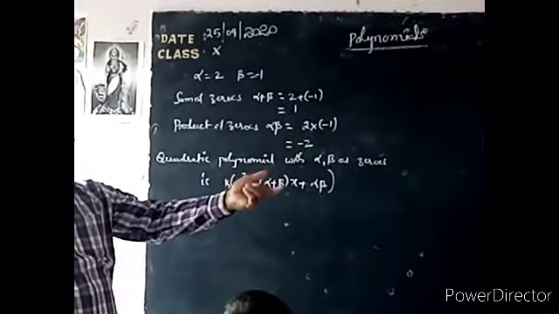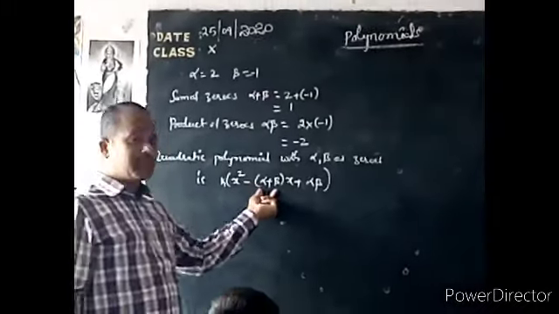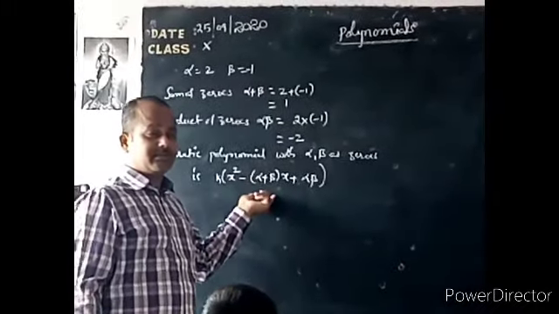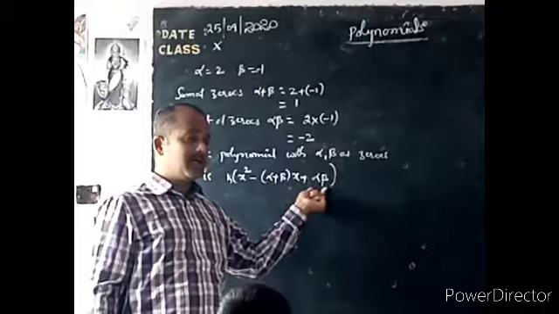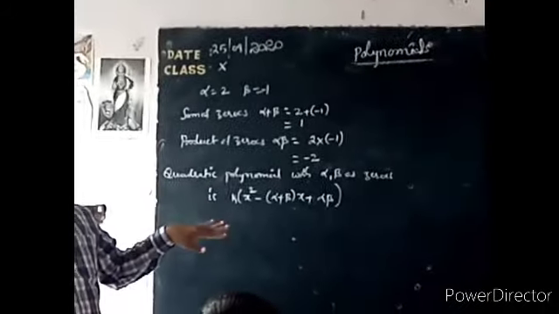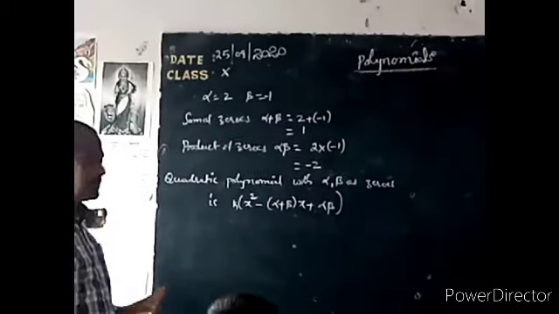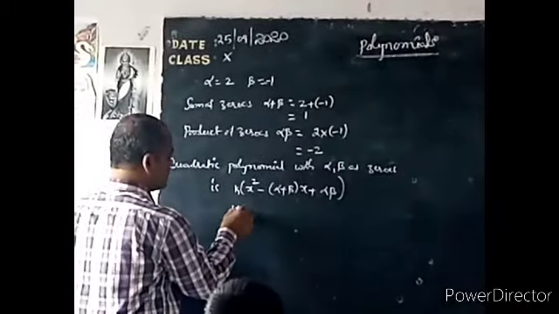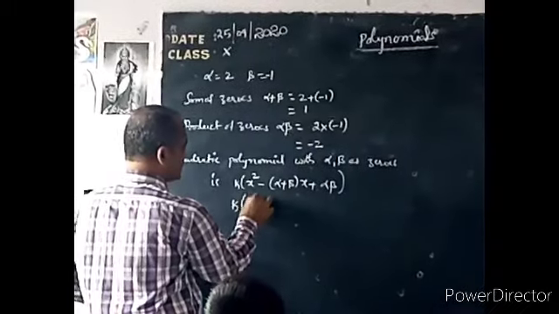What we wrote in the previous, that is also the same. Alpha plus beta is nothing but sum of zeros, alpha beta is nothing but product of zeros. There is no change. If you want to write in words, then write in words. Nothing will happen.